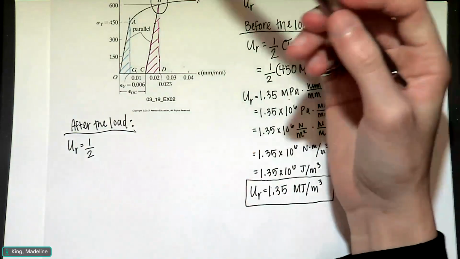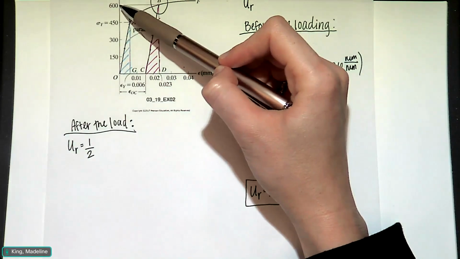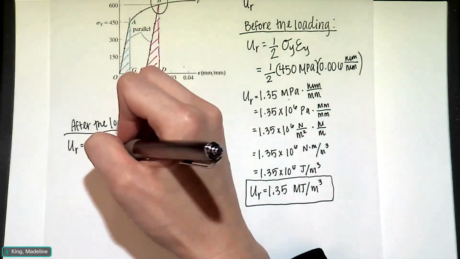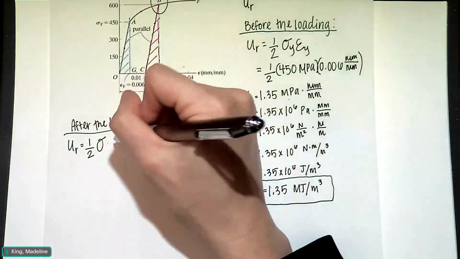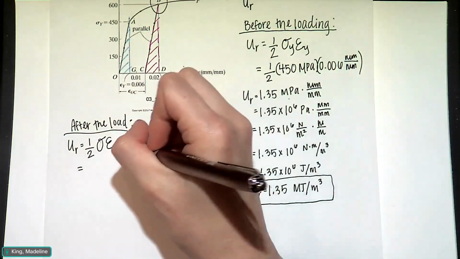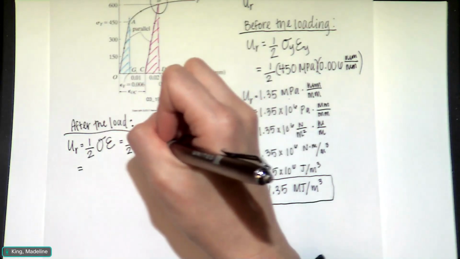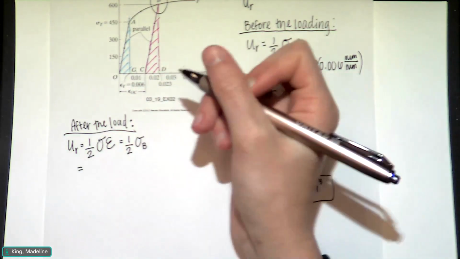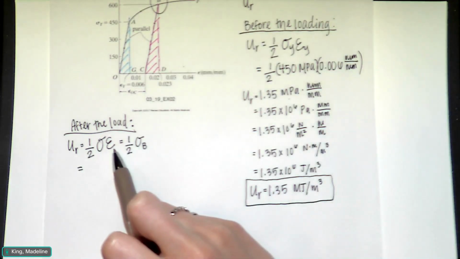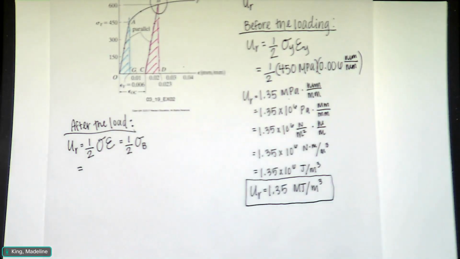So it's not going to be sigma y. It will be this 600 megapascals, okay? I'm just going to write the equation for you guys. Times our epsilon. So this will be 1/2 sigma at point B. Our epsilon will be our epsilon at CD.